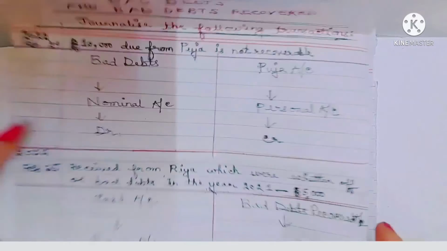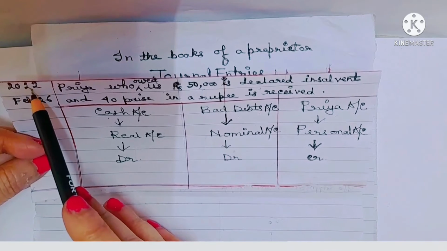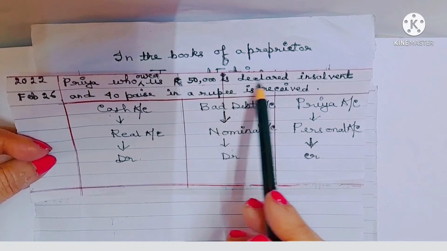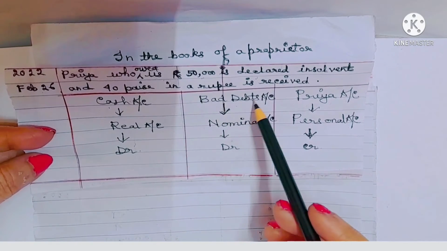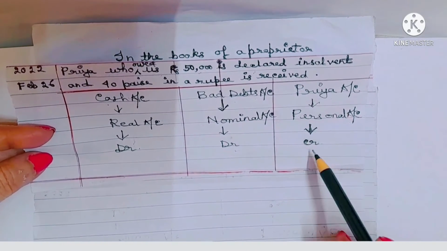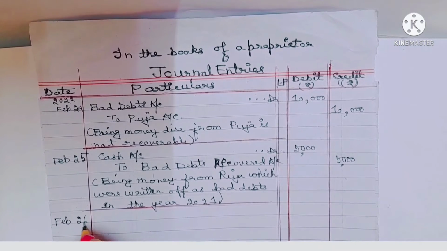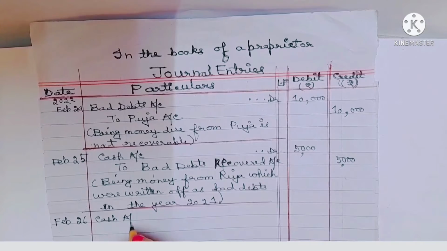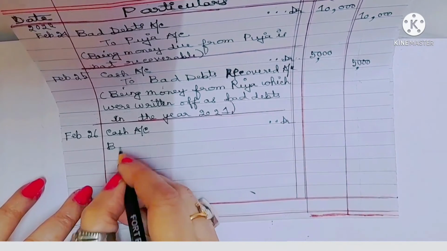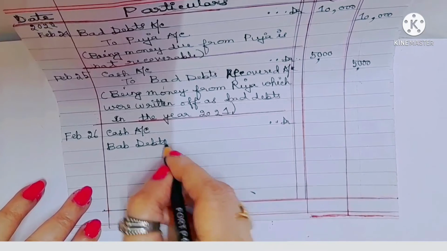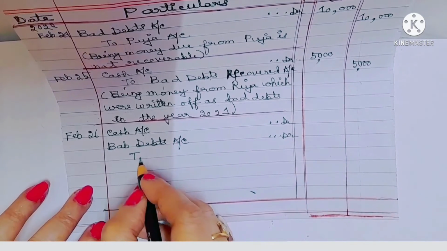What is the last entry? The last transaction was on 26 February 2022, Priya owed us rupees 50,000, is declared insolvent and 40 paisa in a rupee received. So, cash account debit, bad debts account debit, and Priya account credit. Let's do it. February 26th, cash account debit, bad debts account debit, to Priya account.